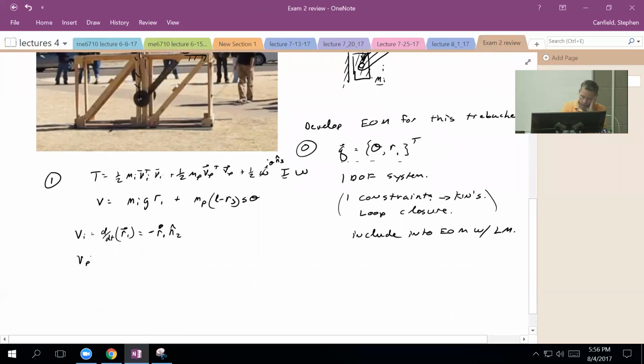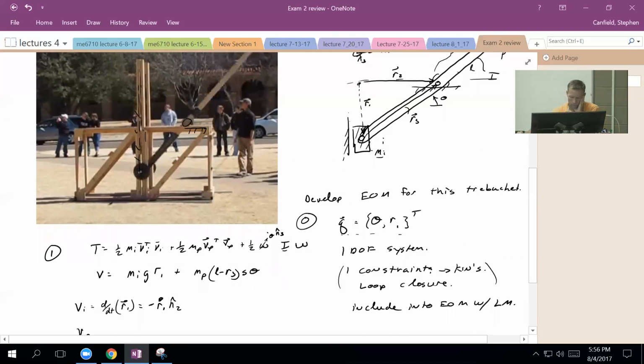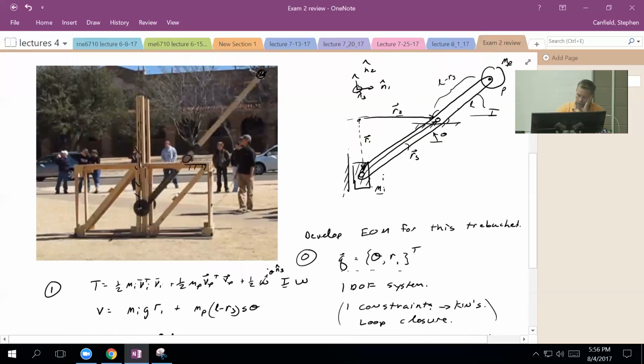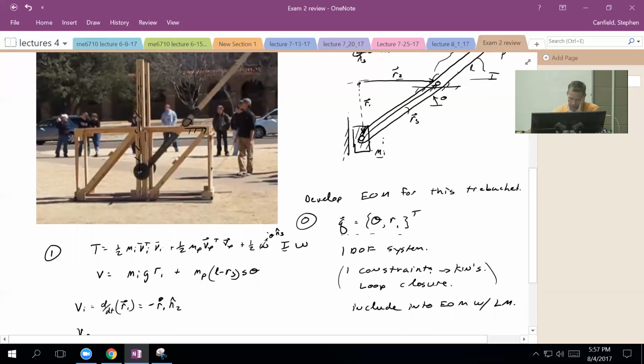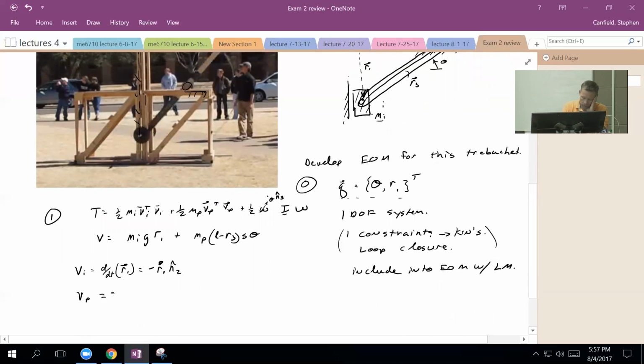V sub p looks like I have to take the derivative of these two terms, so it's going to be the d/dt of vector R1 plus this vector L that's running out there. I get L cosine theta in the N1 plus L sine theta in the N2.